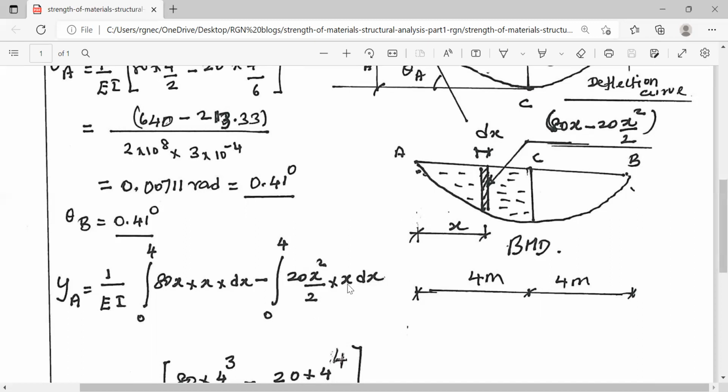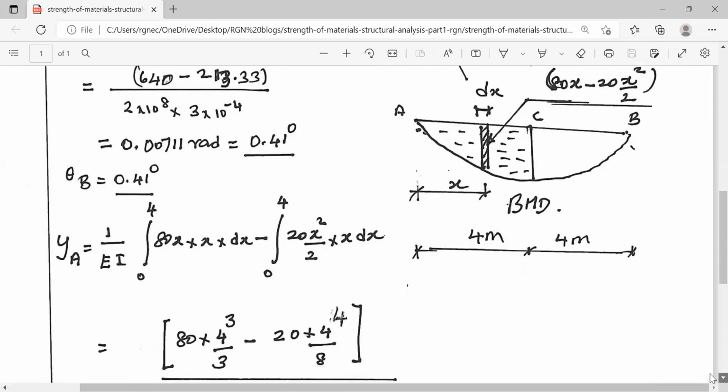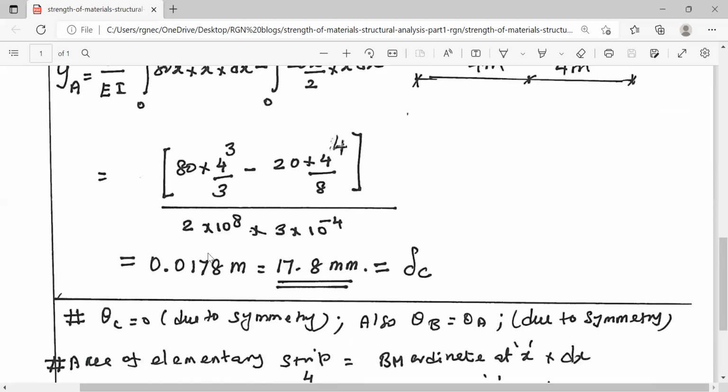This is the area into x, the moment. So this is 1 by EI times area of the moment of the bending moment diagram. After simplification of the integral and also after substitution of the E and I value, we are getting the deflection in meters, 0.0178 meters, and that is 17.8 millimeters. This is the value of delta C.